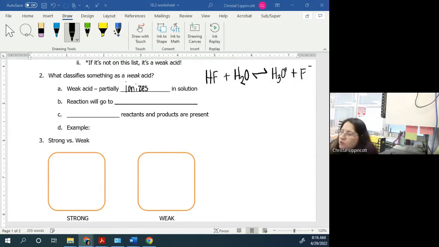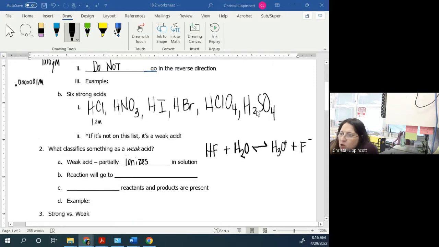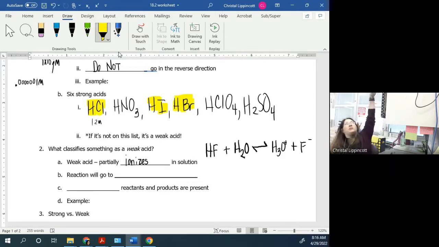For the strong acids, 3 of them are your halogens. So those are the easy ones to kind of memorize. And then you only have these 3 that are left. So that's not too bad, right? The strong bases are easy. I'll show you those coming up.